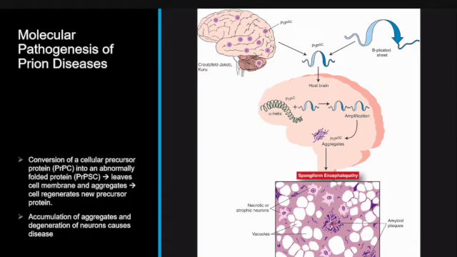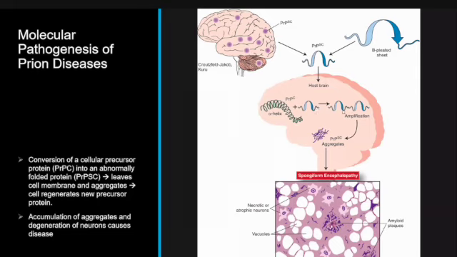The cell then will replace that normal prion protein with a new prion protein that's still normal, but it allows these abnormally folded proteins, now multiplying, to bind again and extract these normal proteins from the cell and transform them into these abnormal prion proteins.